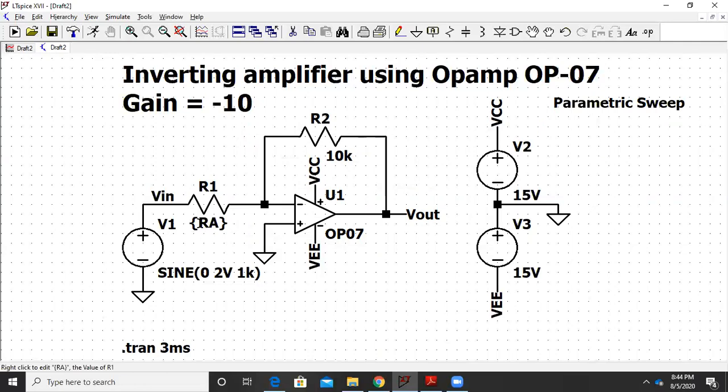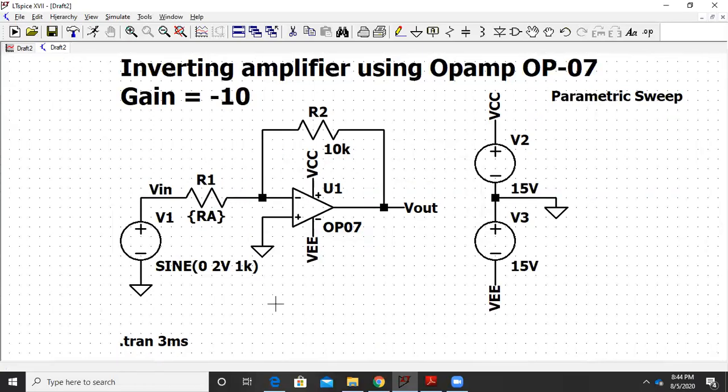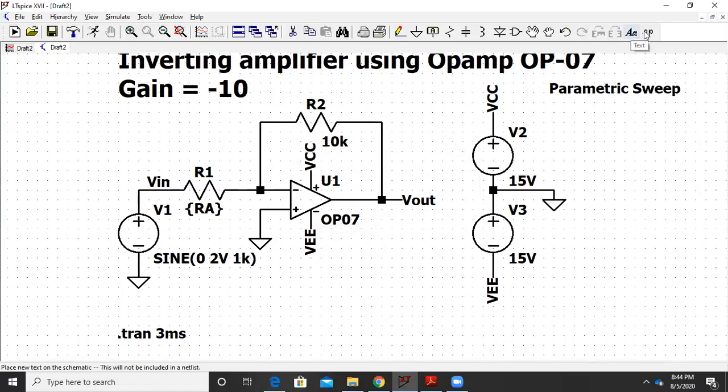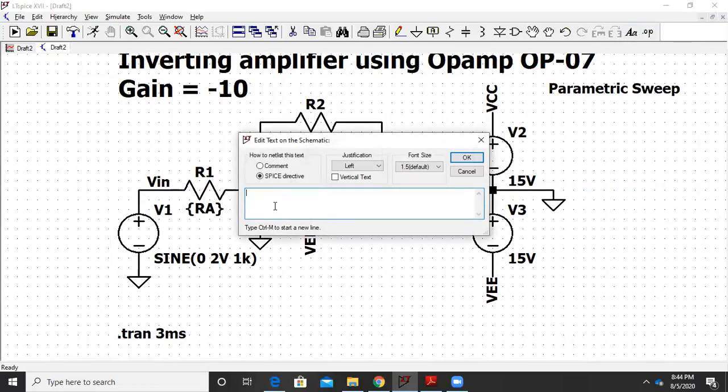So what we have done is, instead of fixed values of R1 and R2, we can now change the value of R1 and R2. Basically, we are now changing the value of R1 only. We also have to add one more statement. Go to SPICE directive and write the statement .step param. What is the parameter we want to change? RA.